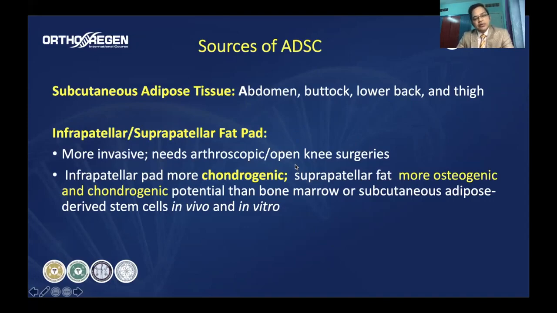And those who have used this source of adipose tissue have proposed that the infrapatellar fat is more chondrogenic, favoring cartilage formation, while the suprapatellar is more osteogenic and chondrogenic than the usual source of stem cells from bone marrow or subcutaneous-derived stem cells, both in vivo and in vitro.